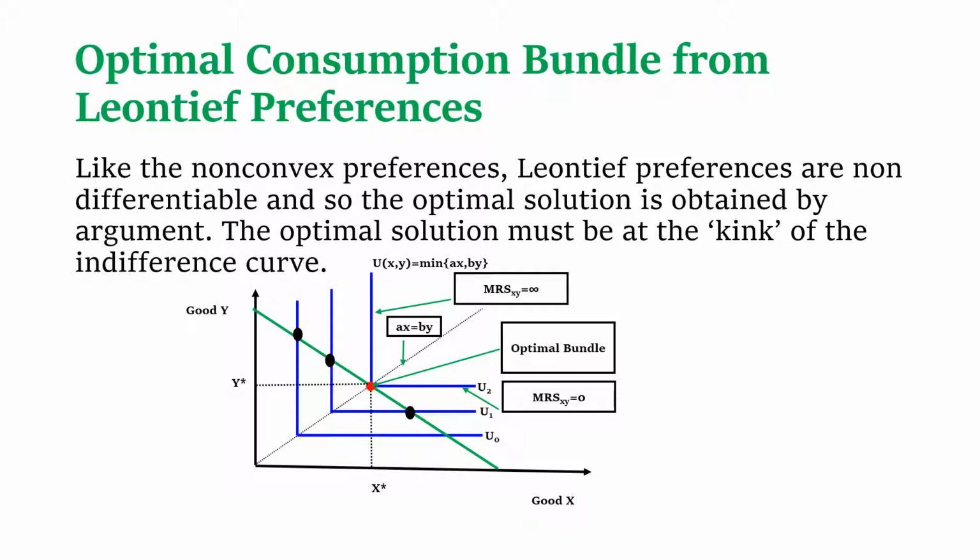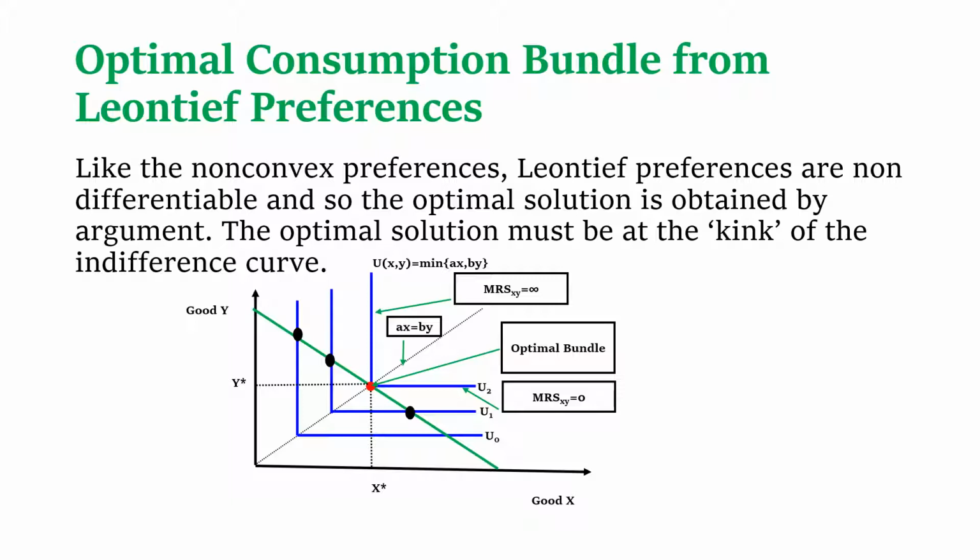Now notice that the marginal rate of substitution of good X for Y is infinity when we are moving up the vertical curve. And when we are moving horizontally, the marginal rate of substitution is just 0. Right?